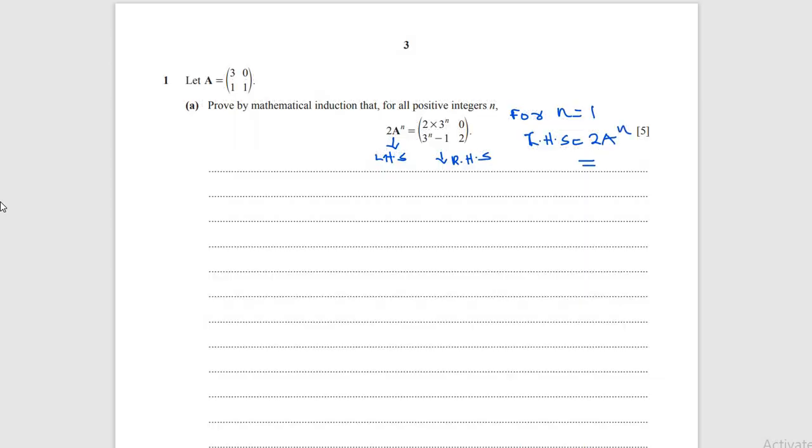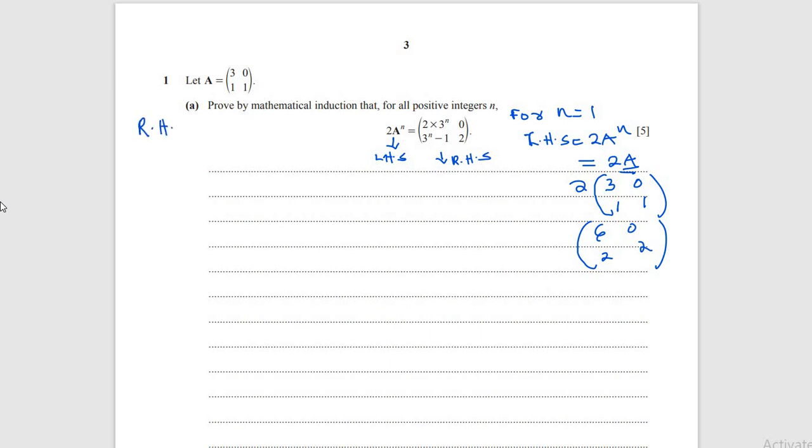When you put n to be 1, it becomes 2A. That's the left hand side. And what is our A? Our A is the matrix 3, 1, 0, 1. At the end of the day, it gives us the matrix 6, 2, 0, 2. This is the left hand side.